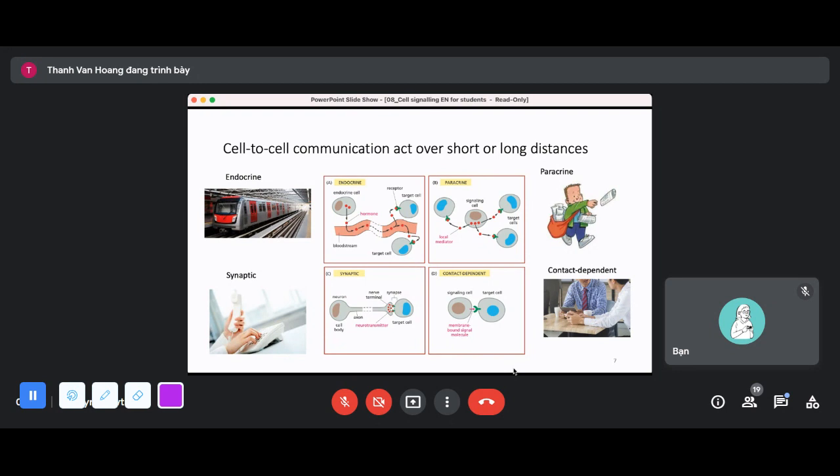Sau này các em có rất nhiều hướng có thể phát triển, nhưng nếu học sâu về cơ chế một chút thì các em sẽ động đến cell signaling. Bởi như chúng ta nói, không có một tế bào nào, hay cơ thể chúng ta cũng vậy, sống một mình, chúng ta sống trong xã hội, chúng ta tương tác với tất cả mọi người xung quanh, đúng không nào?